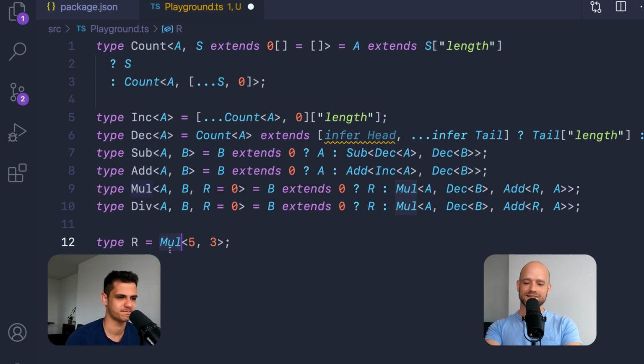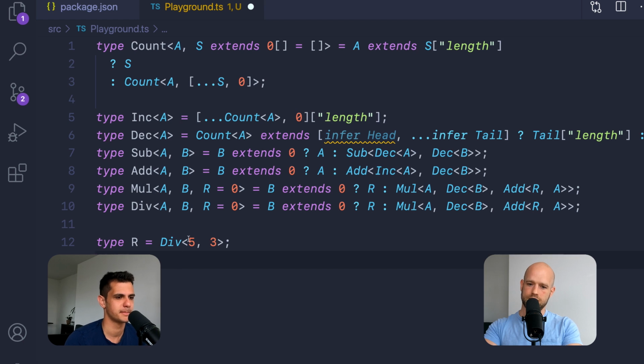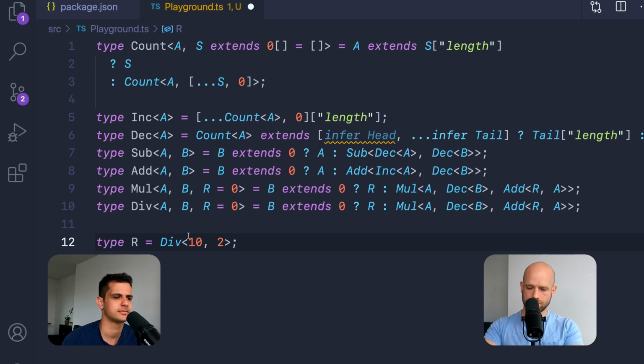So let's divide. Let's do a non-Euclidean division, and then we'll show you a Euclidean division. Let's do an easy one: 10 divided by 2. How do we do it? We need to increment a result R by 1 every time.